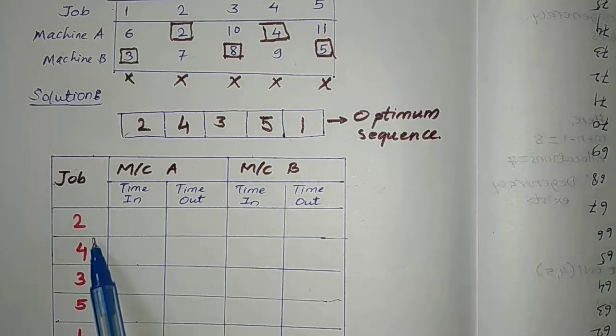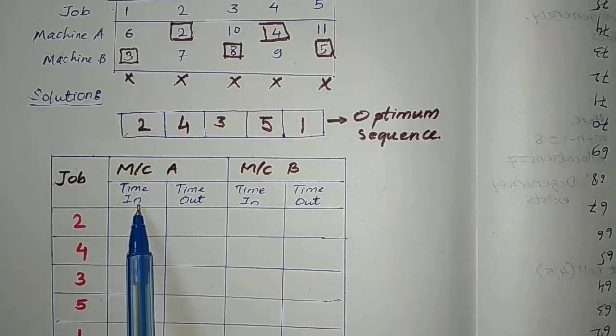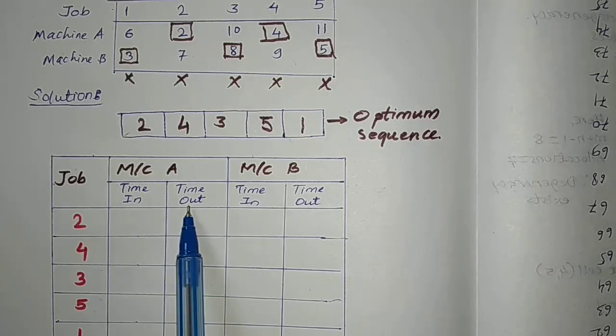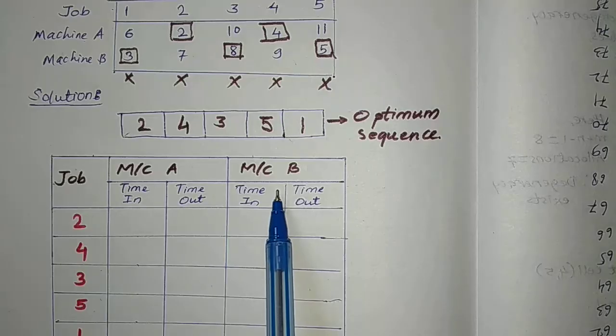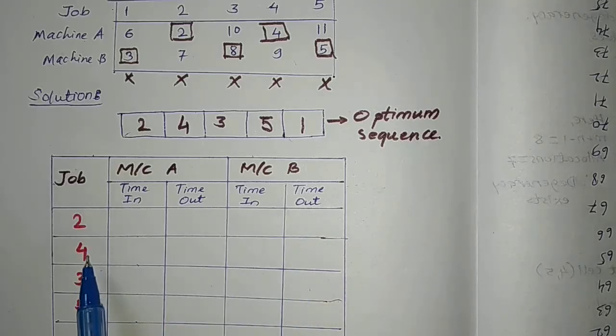For machine 1, I will write the in time of a job and its out time. Similarly, I will write here for machine B the in time and out time respectively for each of the jobs. So this is the optimum sequence as per Johnson's algorithm.